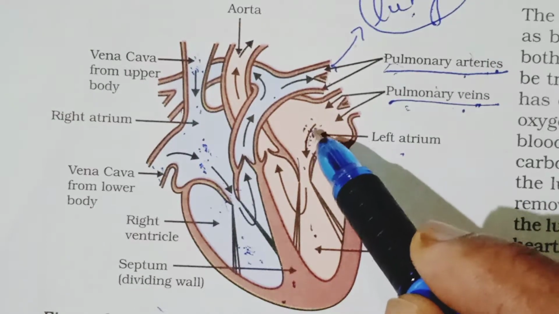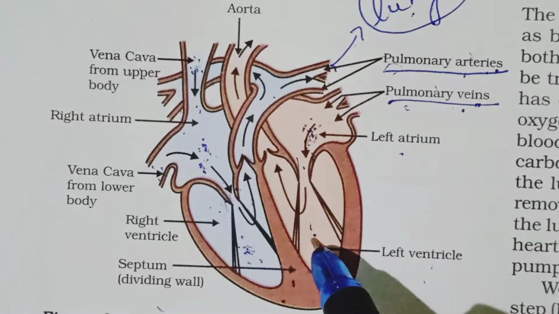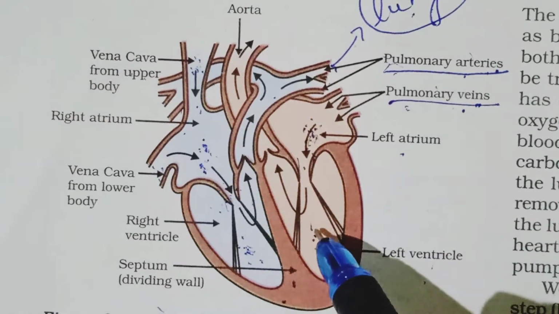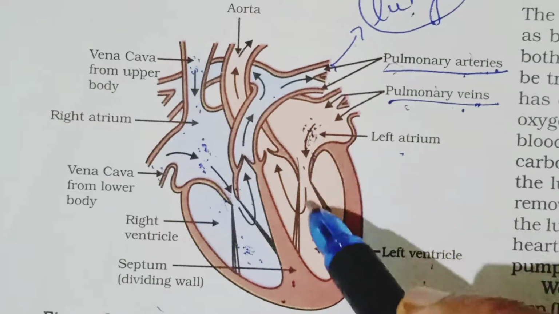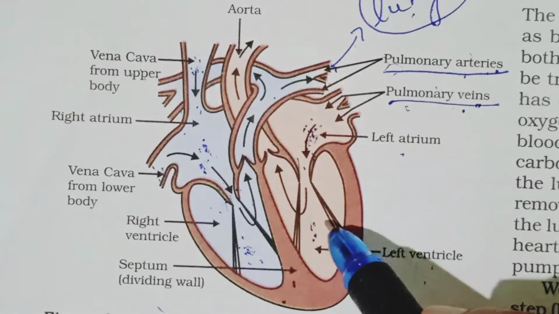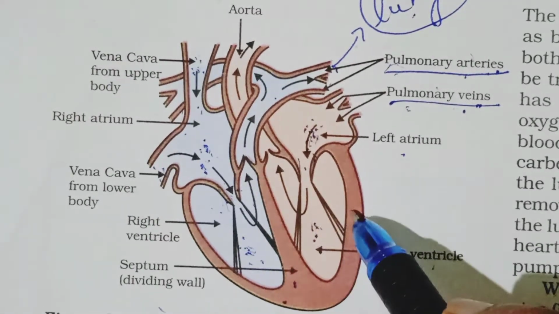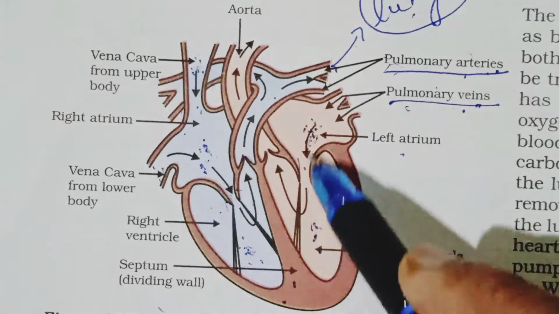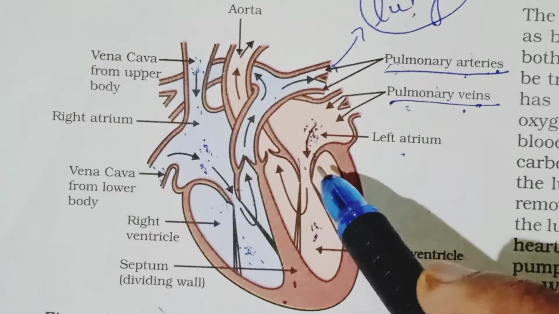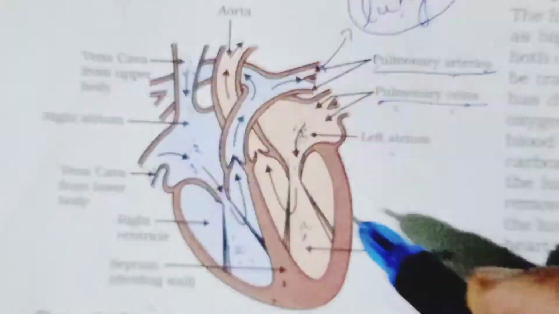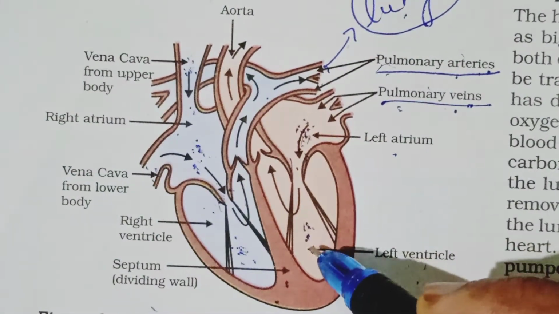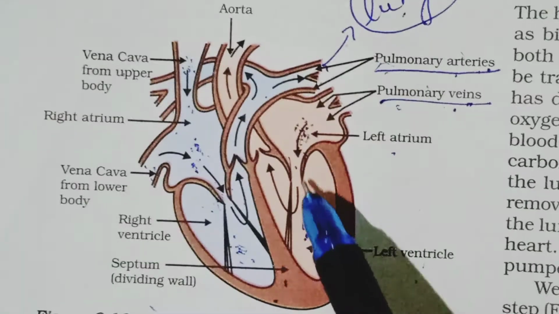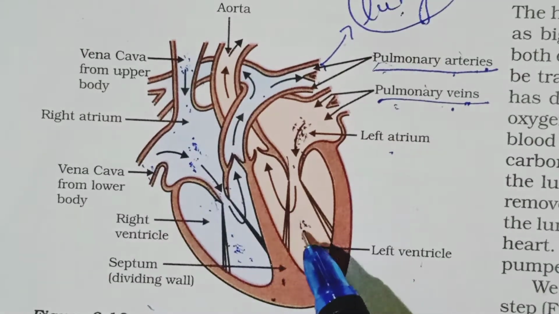While contracting, the blood flows into the left ventricle, and when the blood flows into the left ventricle, this part relaxes. So when this contracts, this relaxes, and the blood flows into the ventricle.